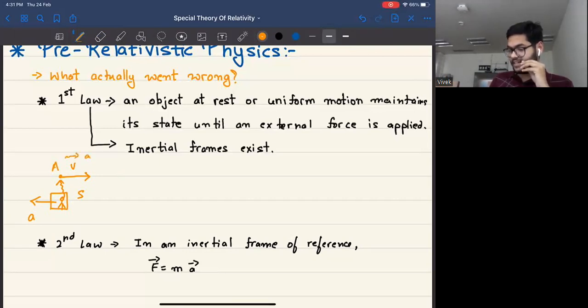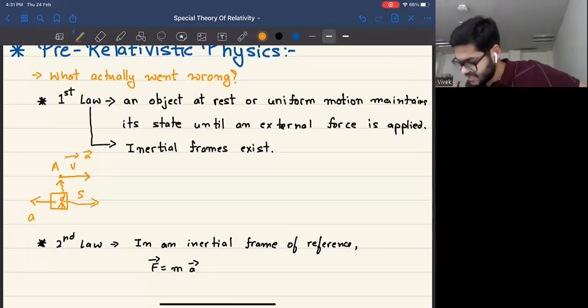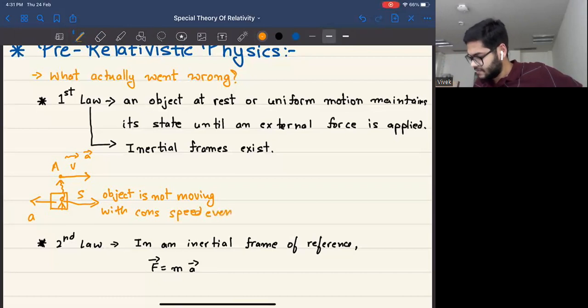That is, it is accelerating towards the right without any force acting on it. So this person will say that the object is not moving with constant speed even when it is isolated.